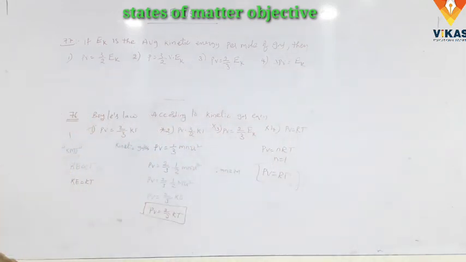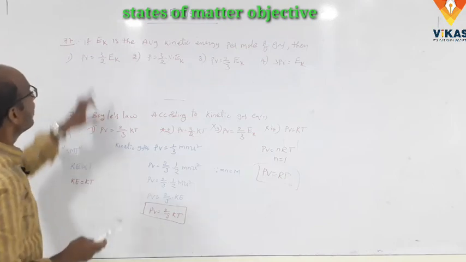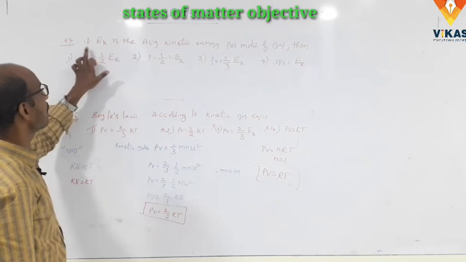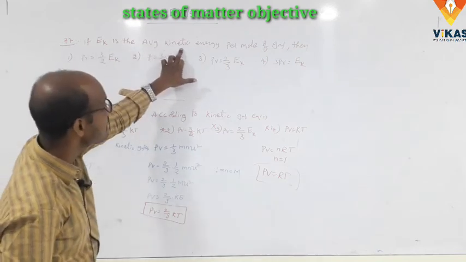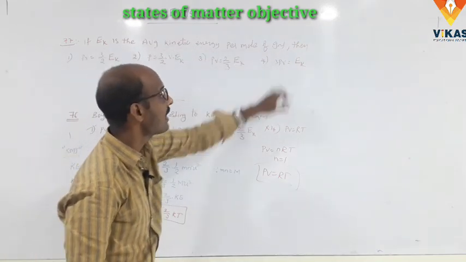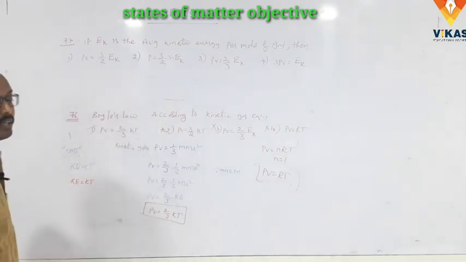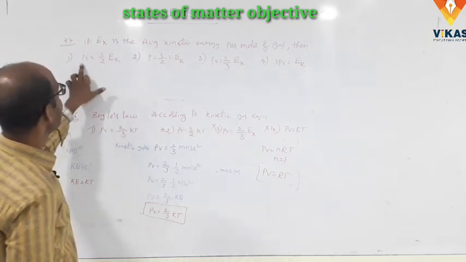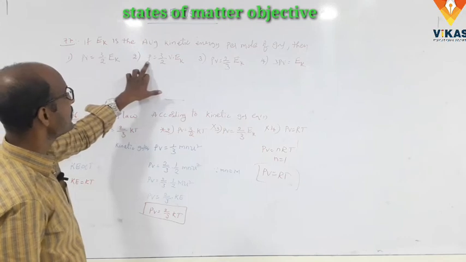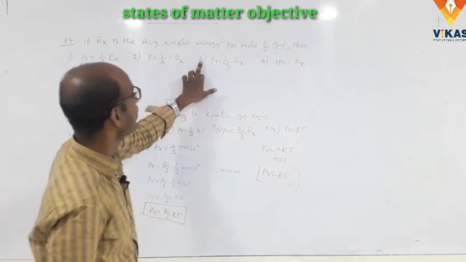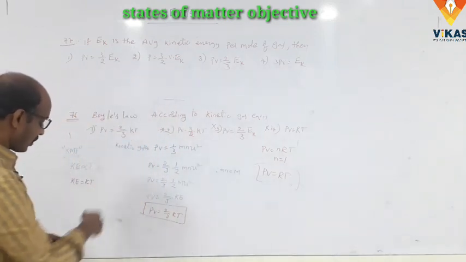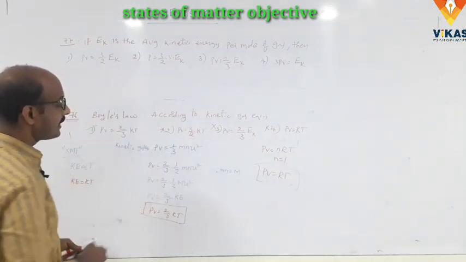Look at the question once. We discussed kinetic energy of a gas molecule in the last class. If Ek is the average kinetic energy per mole of gas, then among these four options, which one is the correct one? Option one PV is equal to 3/2 Ek, second P is equal to 3/2 V Ek, third one PV is equal to 2/3 Ek, and 3PV is equal to Ek. We wrote here PV is equal to 1/3 m n mu square.